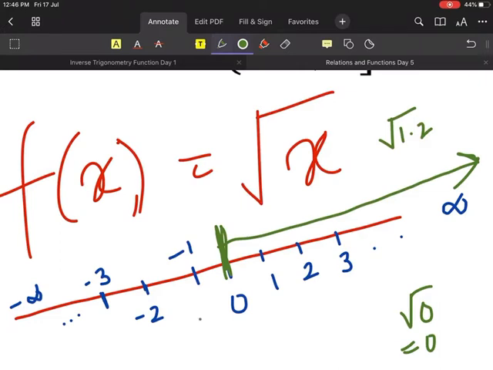Yes, right? Now you tell me, is square root of minus 1 defined? No. Is square root of minus 2 defined? Not defined. Now, let us think of a number between 0 and minus 1. Is square root of minus 0.1 defined?